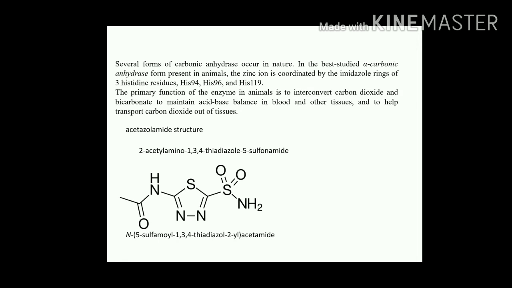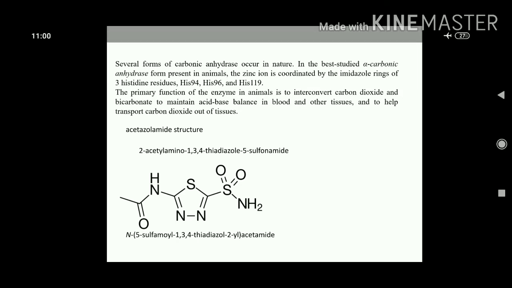So if you see the acetazolamide molecule, how do we remember the structure? Let's go by the functionality, then side chain and basic nucleus. Let's draw the structure.